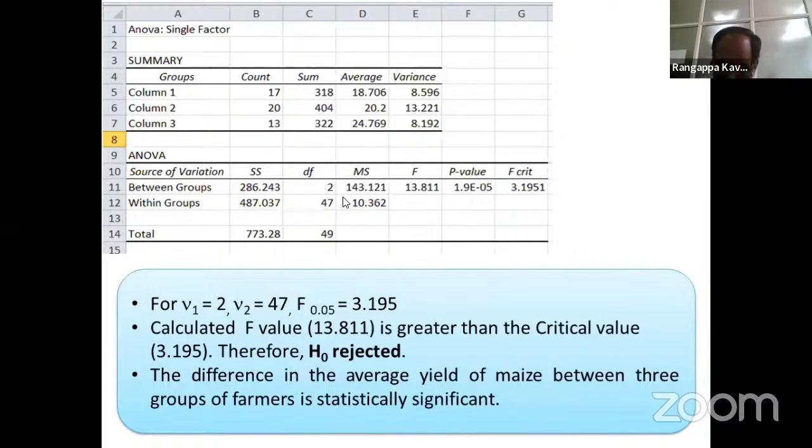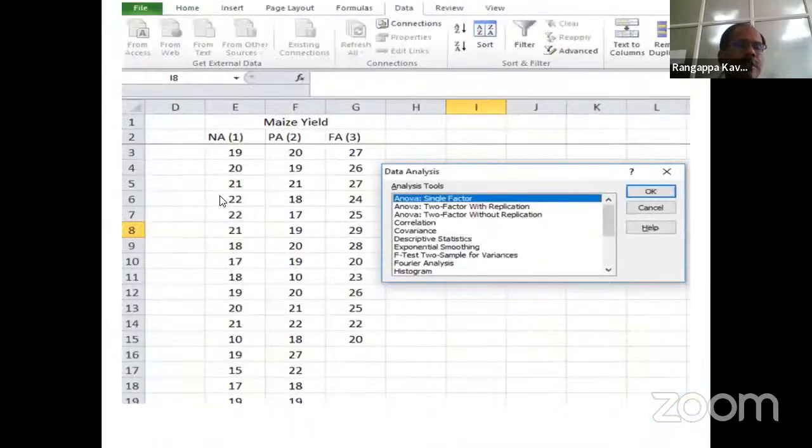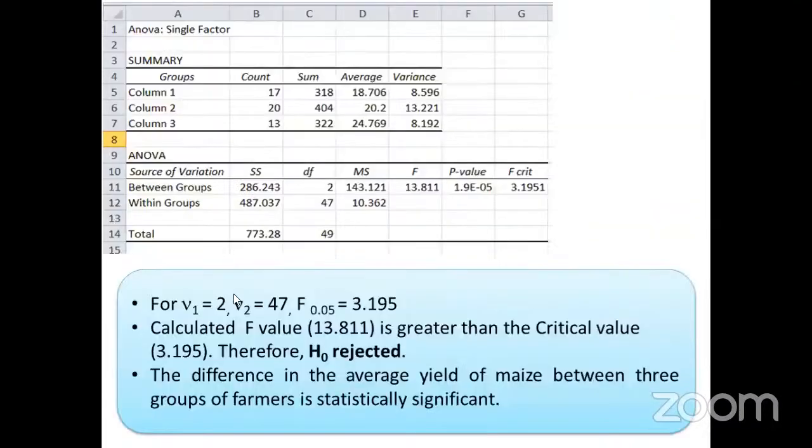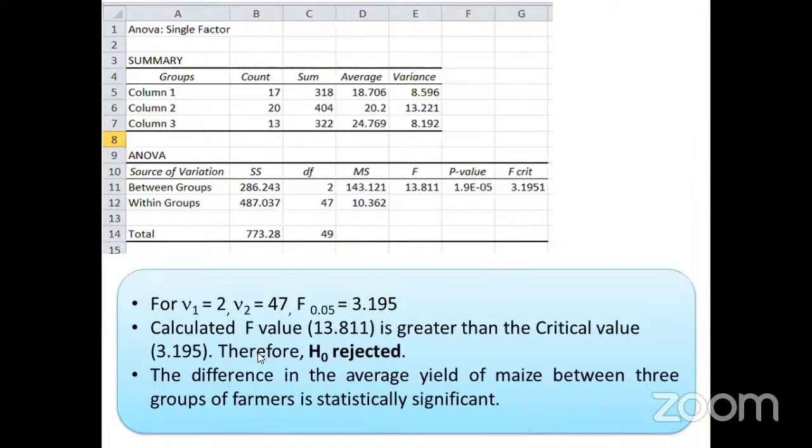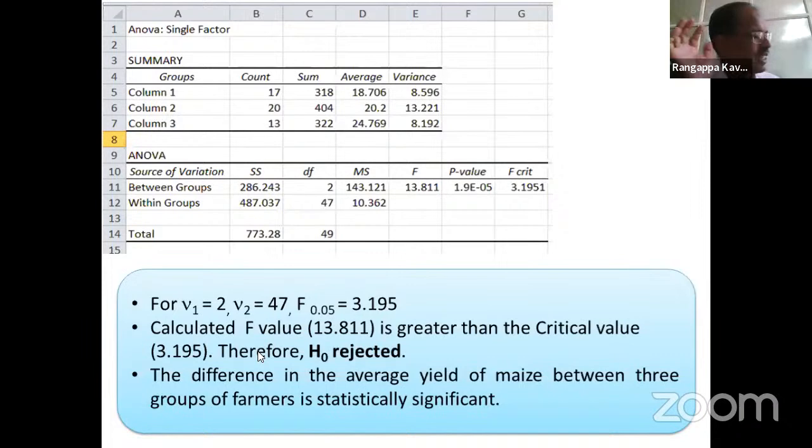Between these 3 adopter groups, the F value is greater than the critical value, that is 3.195. Therefore, in this context, we are rejecting the null hypothesis. In the very beginning, I have written the null hypothesis here.